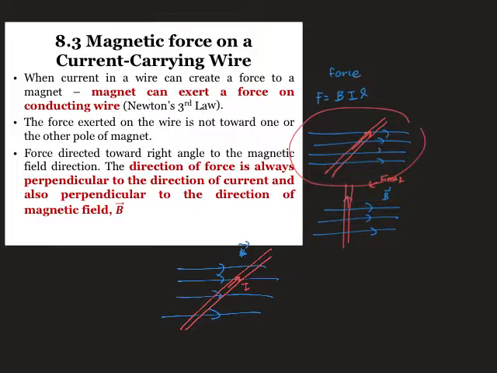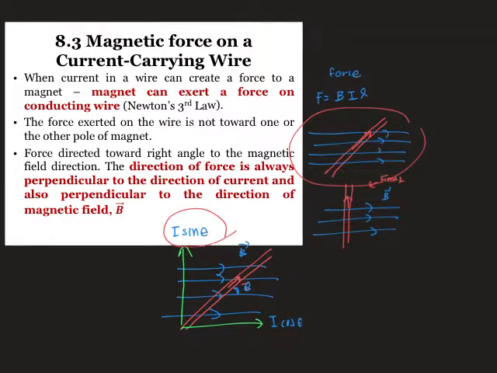So if I resolve the wire, it should be like this and like this. This is going to be I sine theta, based on the angle between the current and the magnetic field, and this is going to be I cos theta. So to get the maximum value, definitely I need to use I sine theta.